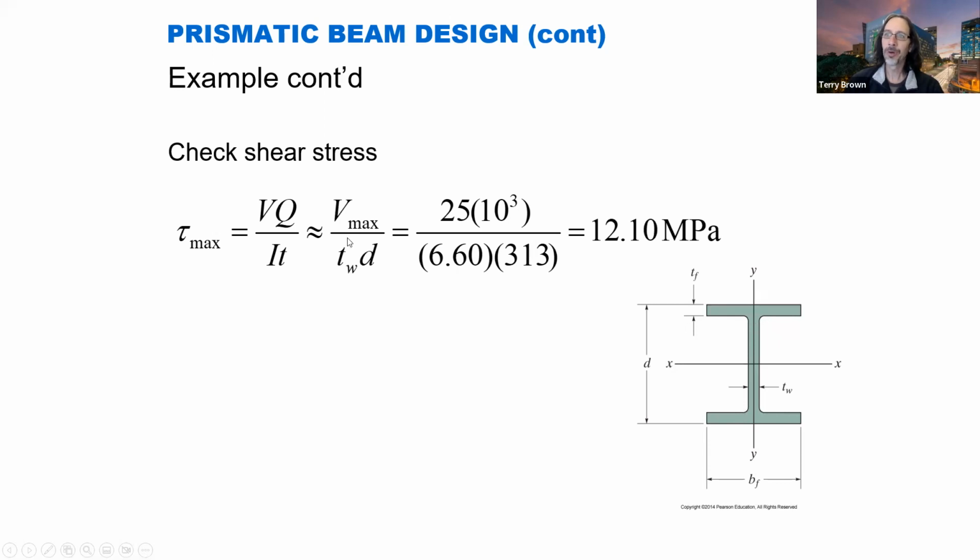Okay, so as an approximation or a simplification, instead of going through the full shear stress formula, you can just do the average shear stress over just the web. Okay, so the web is this vertical piece. Right, so that gives us 12.1 megapascals.